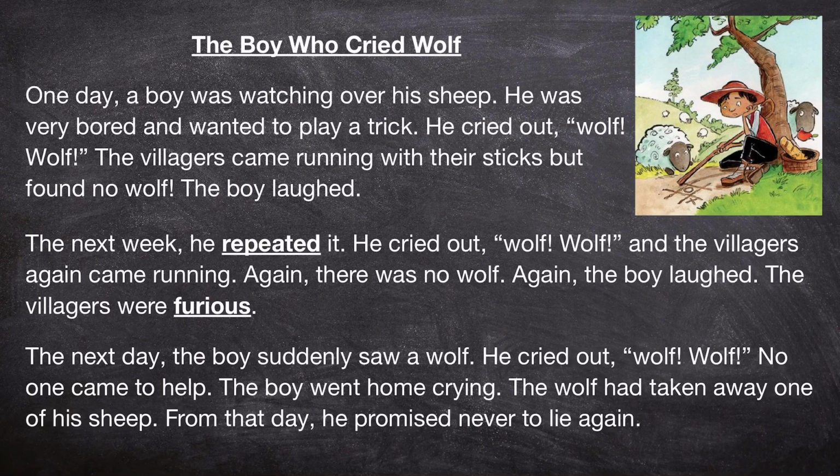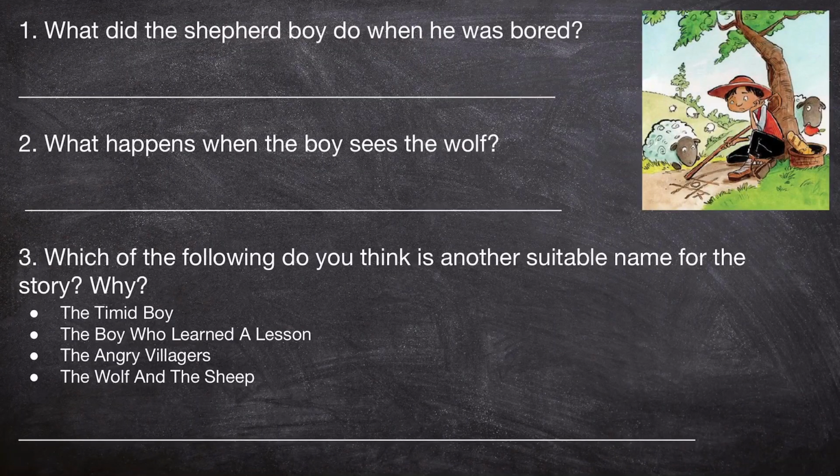If you want, you can take the time to pause and read the story one more time before we go to the questions. We have 3 questions that we are going to answer.